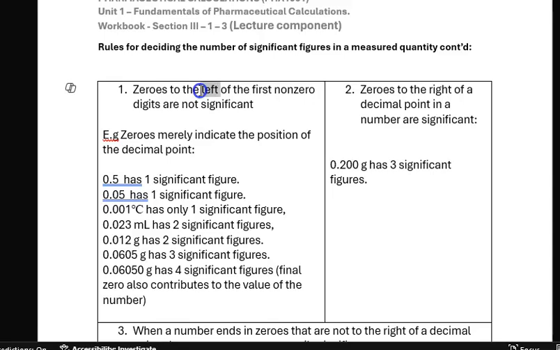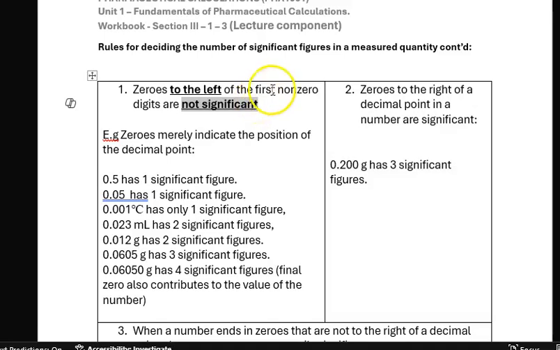Zeros to the left of the non-zero digits are not significant. To the left, you know. So let's look. The 0.5, the 0 is to the left. They're not significant once they're to the left of the first non-zero digit. So let's read it again.